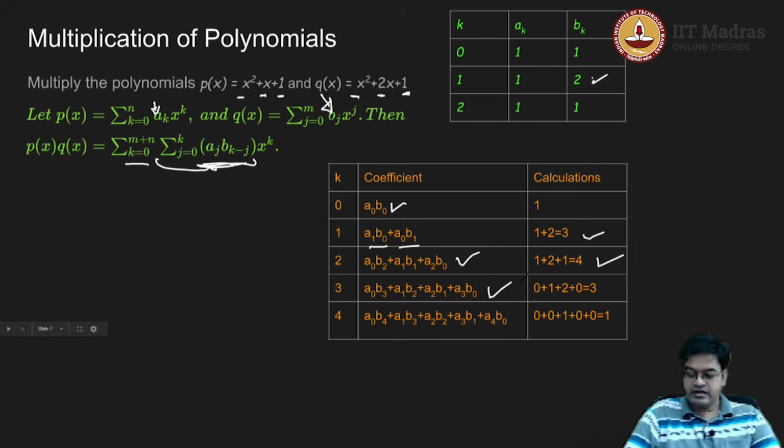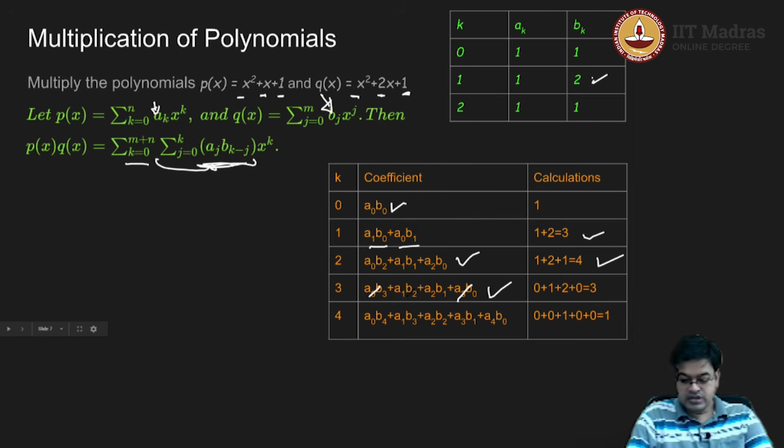Okay. And then you simply compute them. Remember here, now we came up with b3. What is b3? b3 is not listed here. That means b3 must be 0. In a similar manner, here a3 must be 0. Correct? So these two terms are chopped off right away. They are 0.